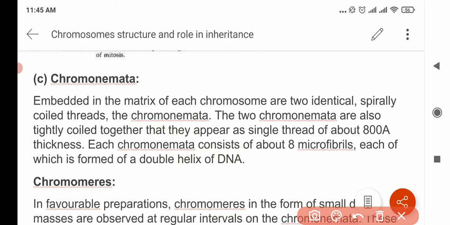The two chromanemata are so tightly coiled together that they appear as a single thread of about 800 angstrom thickness. It consists of 8 microfibrils in the form of a double helix of DNA. So the chromanemata is what we draw as the DNA.